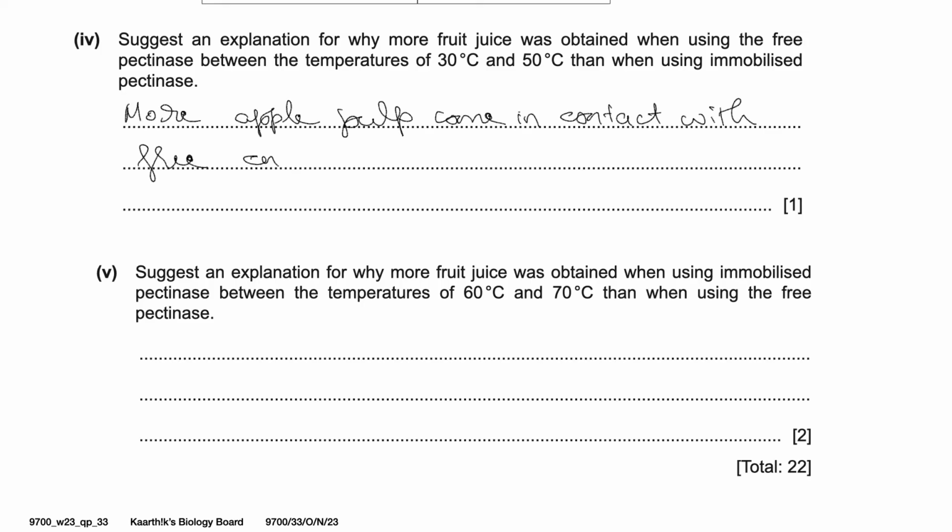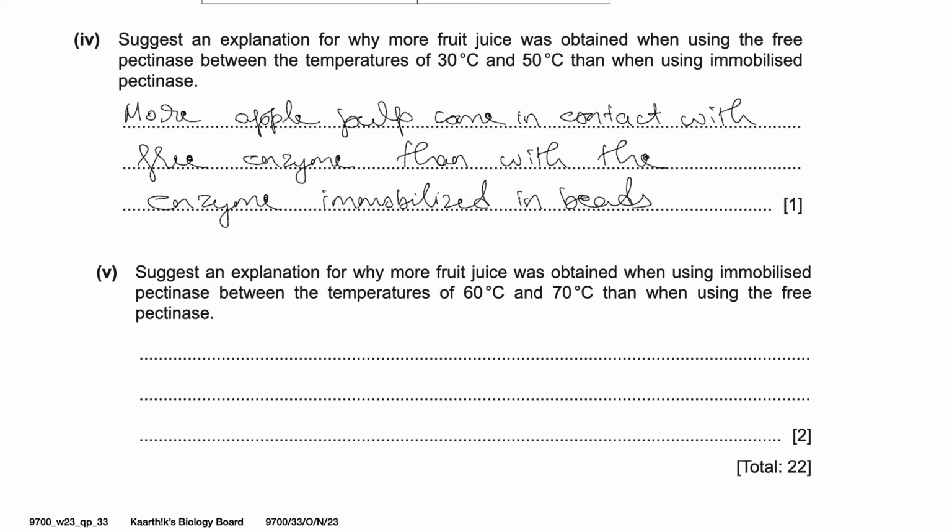When the enzyme is free, more apple pulp can come in contact with the free enzyme than with the enzyme immobilized in beads. Then suggest and explain why more fruit juice was obtained when using immobilized pectinase between the temperatures of 60 degrees Celsius and 70 degrees Celsius than when using the free pectinase.